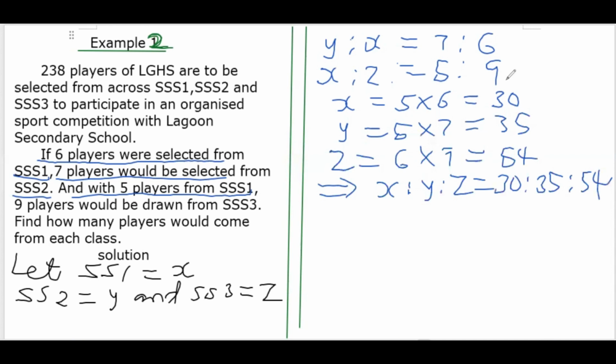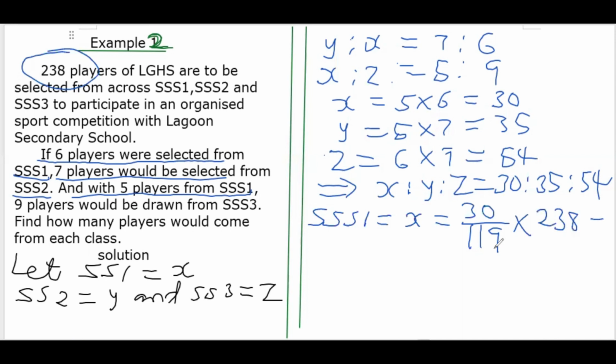And from here, if you are now asked to find the share of each, the players that will come from SS1, which is represented by X, will be 30 over the total ratio. The total ratio is 30 plus 35 plus 54, which is 119, multiplied by 238, the players altogether to choose from.